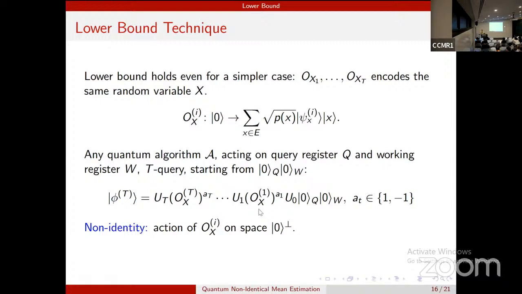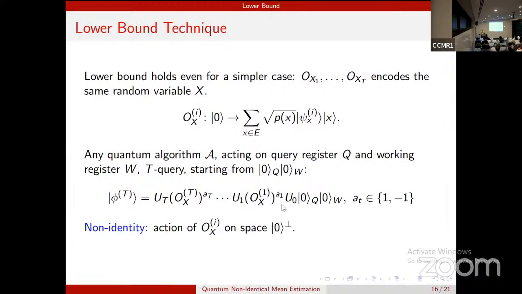So for any fixed quantum algorithm A, which means a fixed sequence of U0, U1 to UT, and fixed A1 to AT, we want to find a hard instance OX1 to OXT to disrupt the performance of the quantum algorithm and lead to the worst possible outcome.